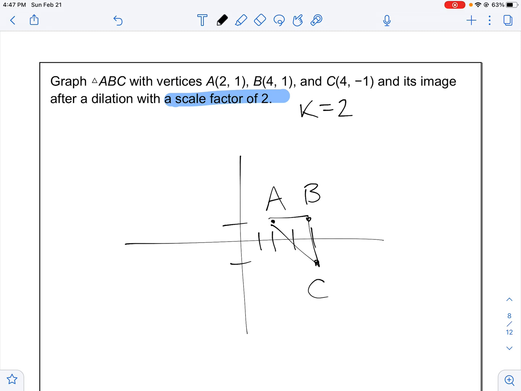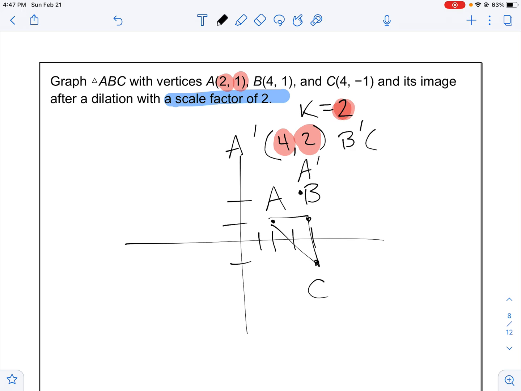Well, we saw on that last slide that we're just going to multiply x and y by 2. So 2 times 2 is 4. 2 times 1 is 2. So there's what we call A prime. So it's at 4, 2, A prime.